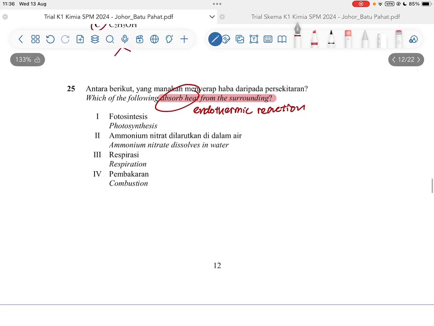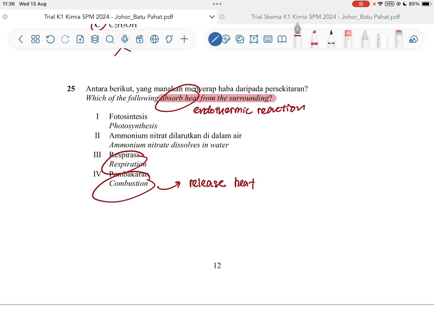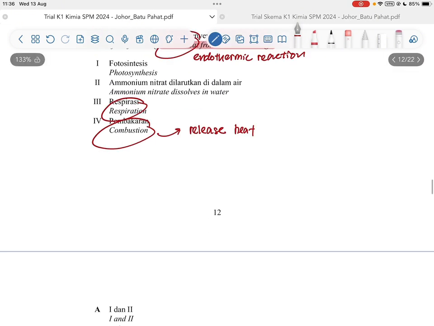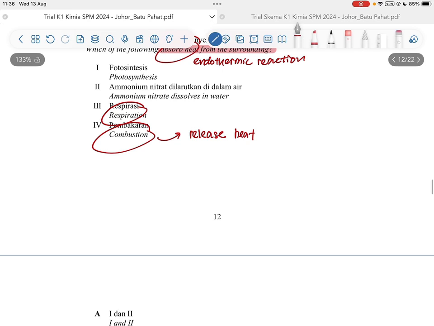Combustion reaction is the easiest one, because when you burn something, it will release heat energy. And cellular respiration will also release some heat energy, because you can feel the warm air that you exhale. So the answer would be A and C.